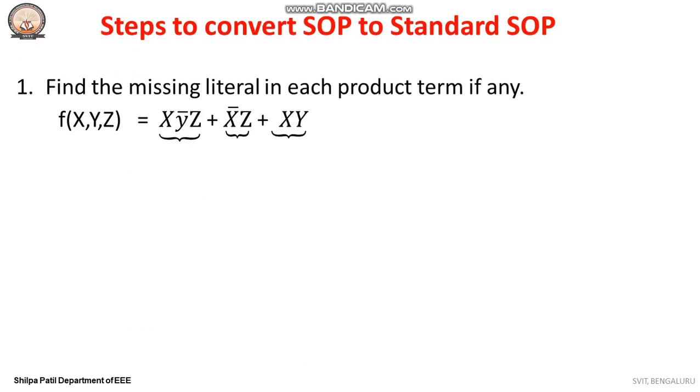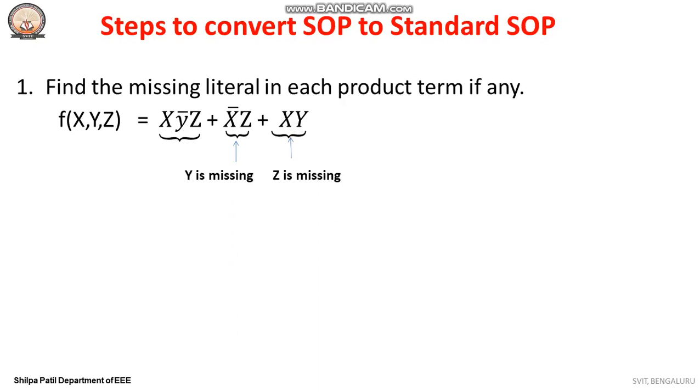Suppose I take an example of f of xyz is equal to x y bar z plus x bar z plus xy. The first product term has all the variables, no problem with that. But in the second and third product terms, one variable is missing. So we will find the missing variable. In the second product term, y is missing, whereas in the third product term, z is missing.